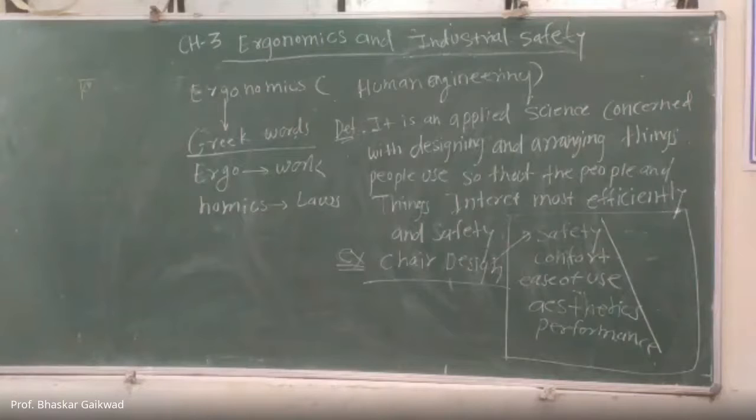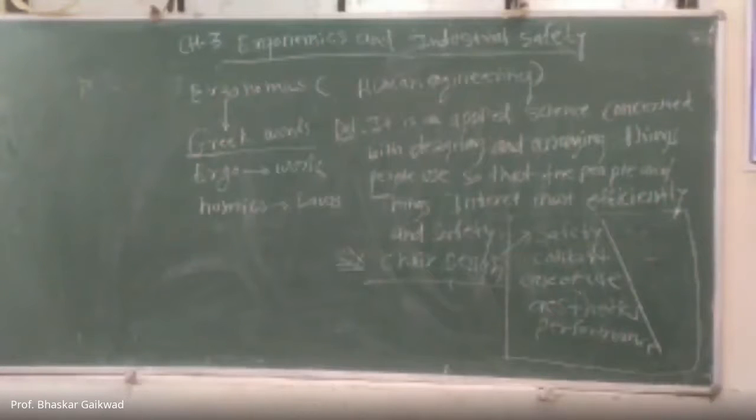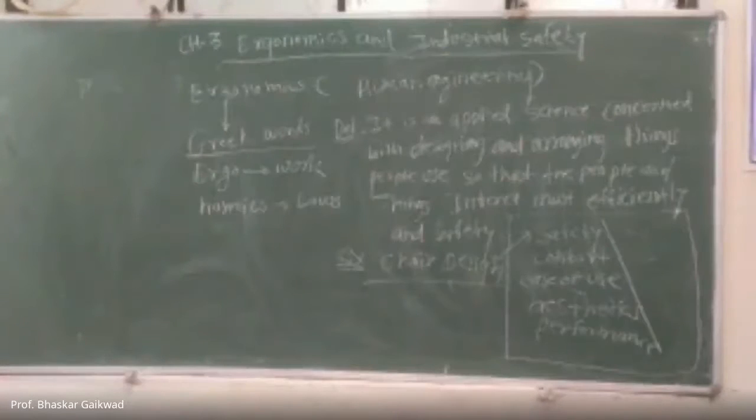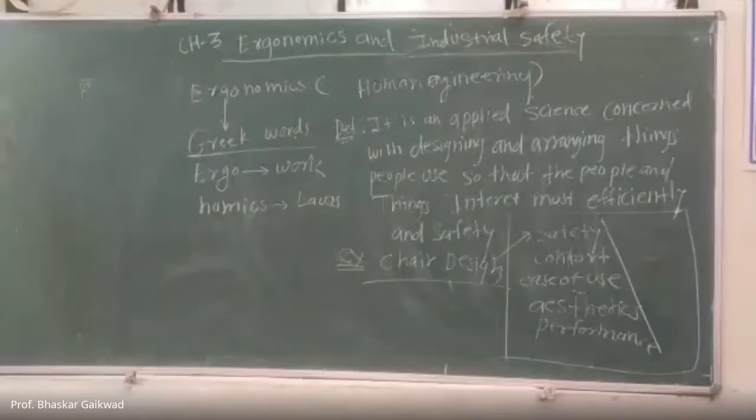For any vehicle design, we require these ergonomics principles, work law principle, human engineering. If these things are not there, safety is not there, comfort is not there, ease of use, aesthetic, performance. If these things are not there, what will happen? If safety things are not there, accidents happen, and many lives will be lost in those accidents. If comfort is not there, physical stress will be introduced. If it is not easy to operate, again physical problems will be there.